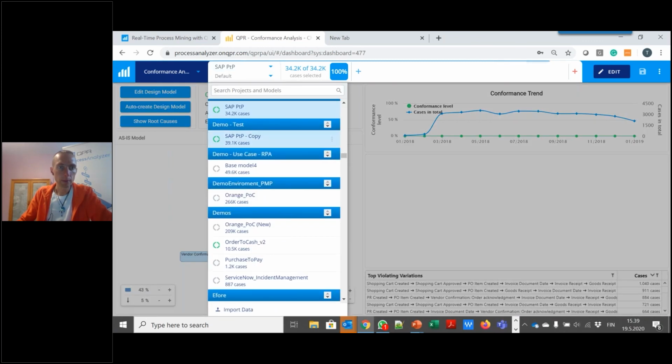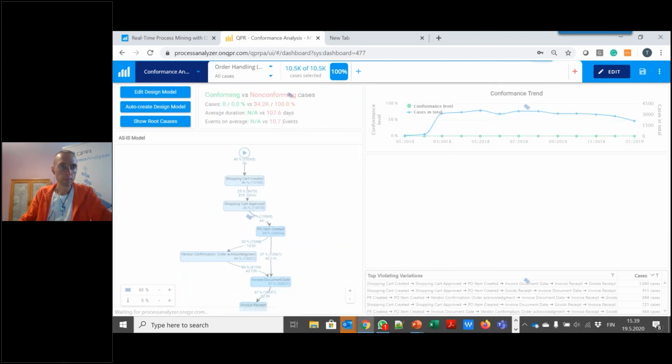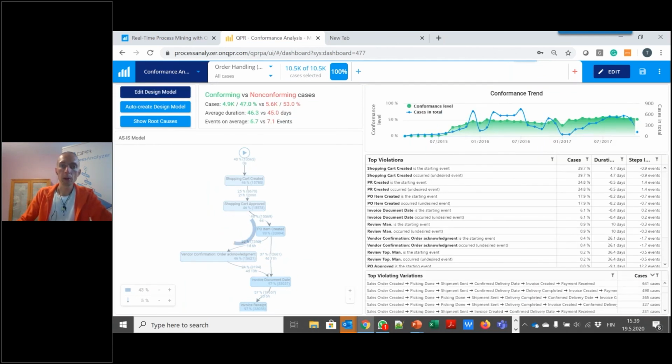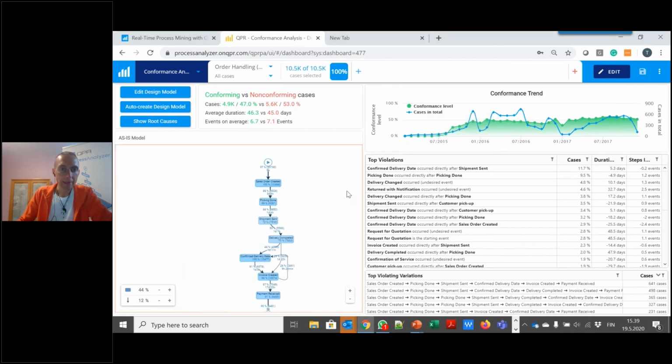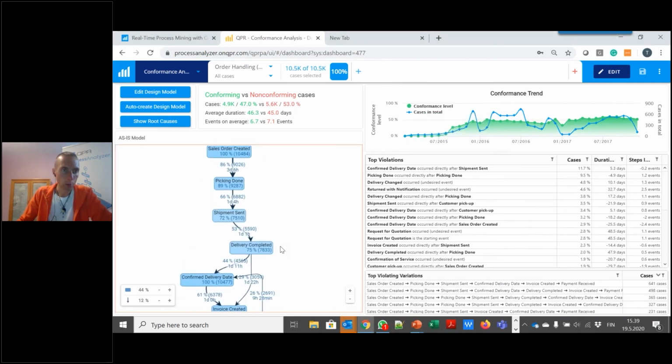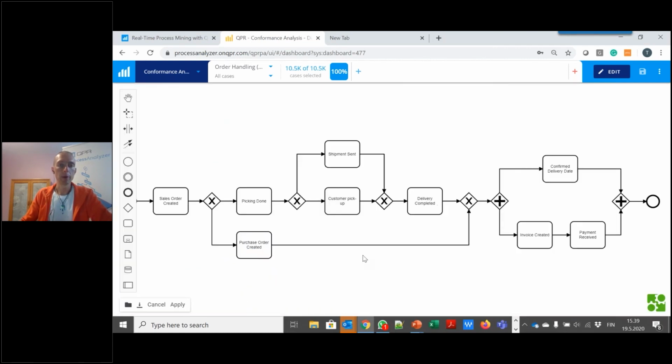So we have the standard conformance analysis, and now we are looking at the as-is process model over here, and then we look at the design model, which is over here. And now the question is what is the case if something happens between any of these boxes over here?